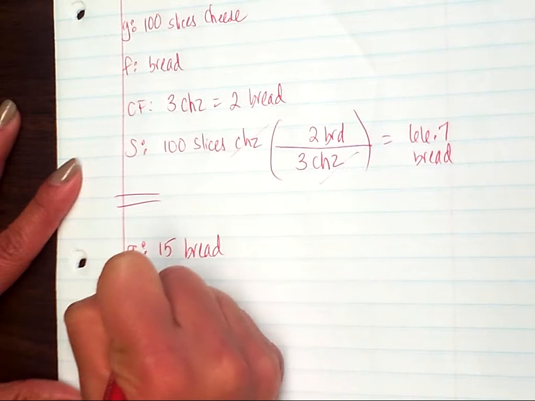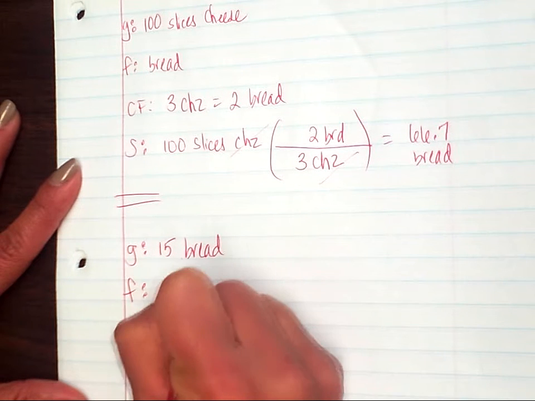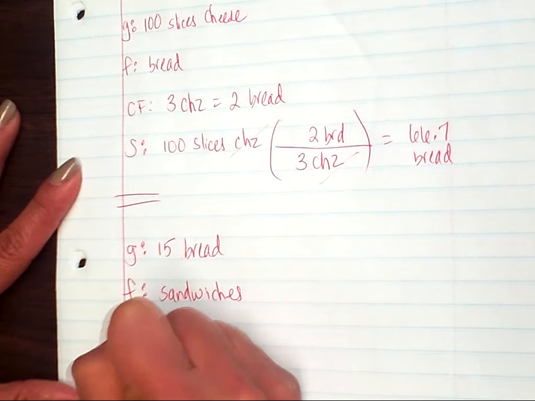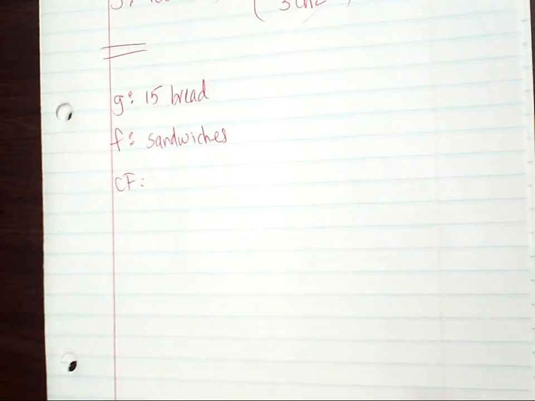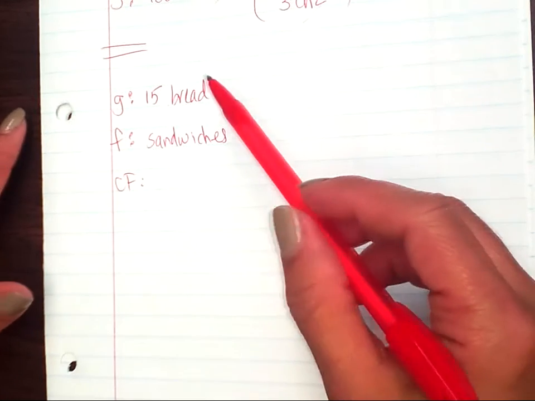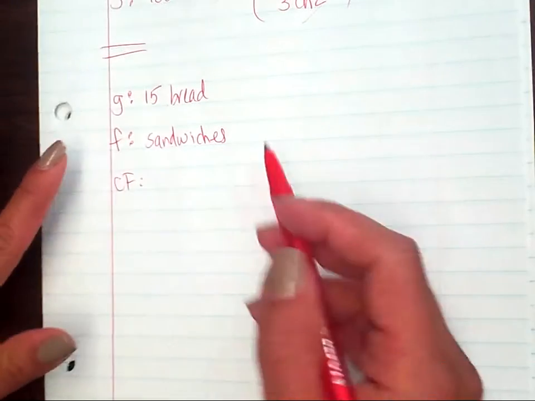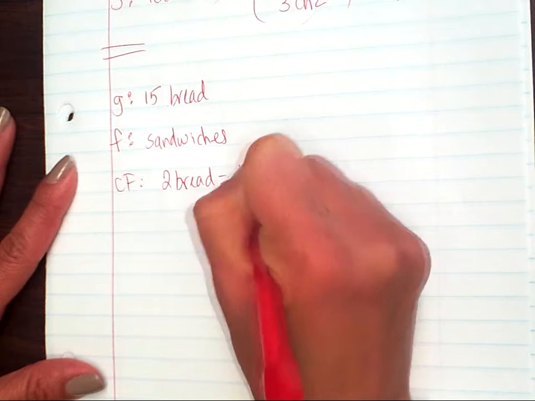Okay, the find, we're trying to find sandwiches. Okay, the conversion factor, in this case, very good. For every 2 slices of bread, we have 1 grilled cheese sandwich. So, 2 bread equal 1 sandwich.